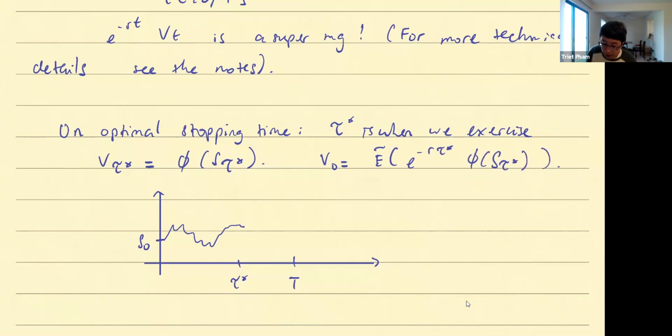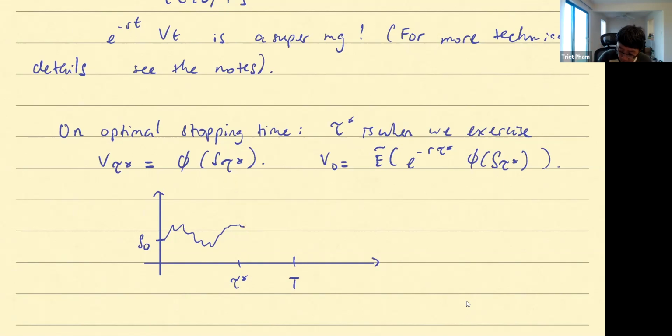But on the other hand, we say that this is a super martingale. So how does that connect with this observation, with just the notion of tau star? In other words, suppose this is where, if there's such a time, I exercise and I get the value like this.